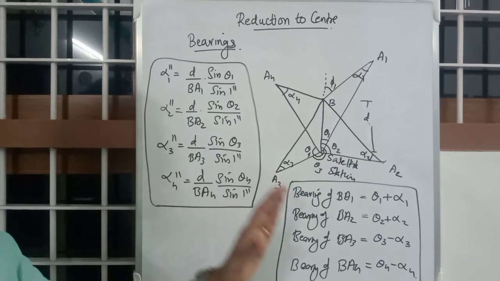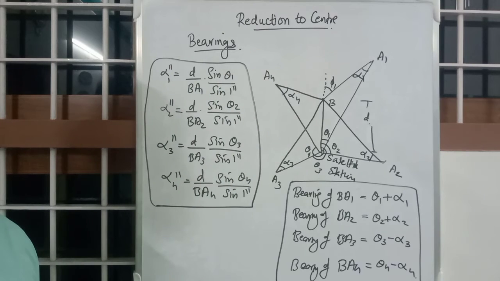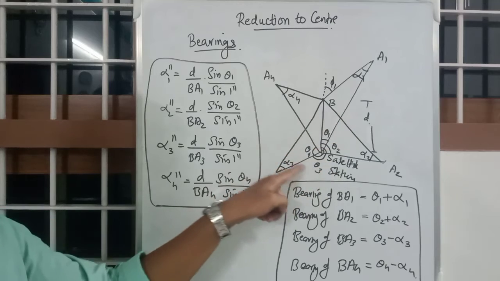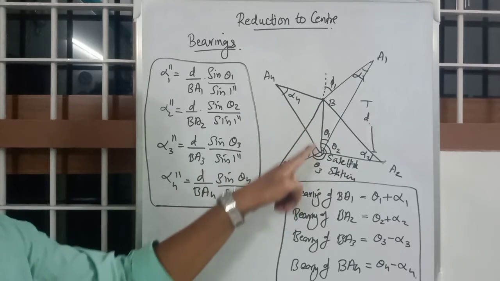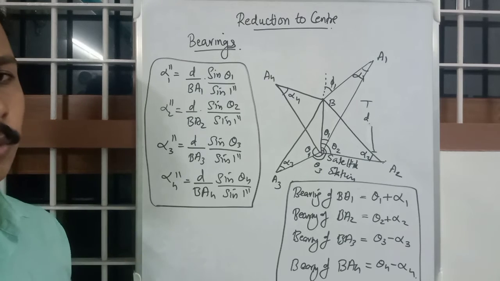So this is how you find bearings on satellite stations, where you are measuring all the angles with reference to the line joining the true station and satellite station. Let's move on to the problem.